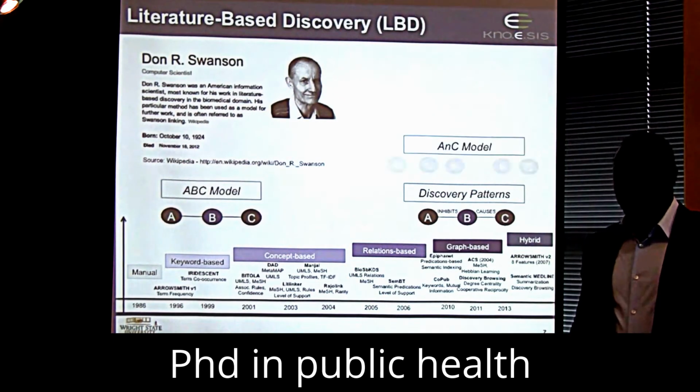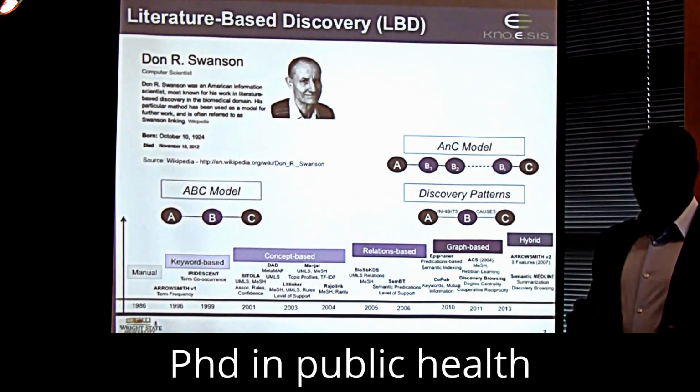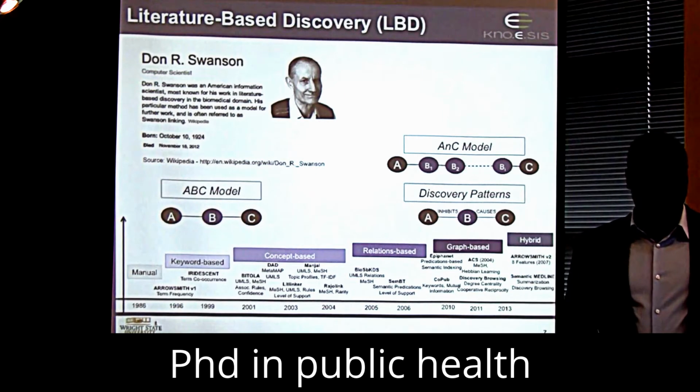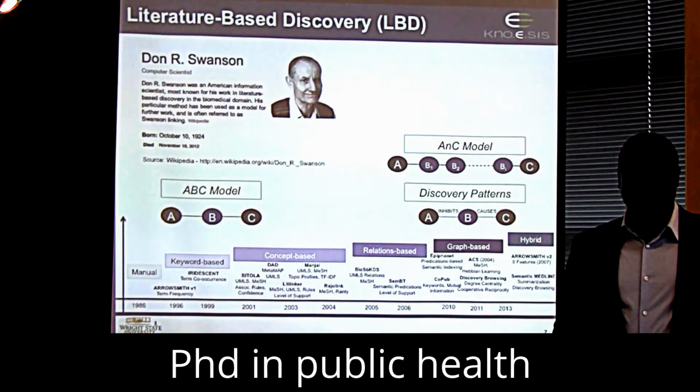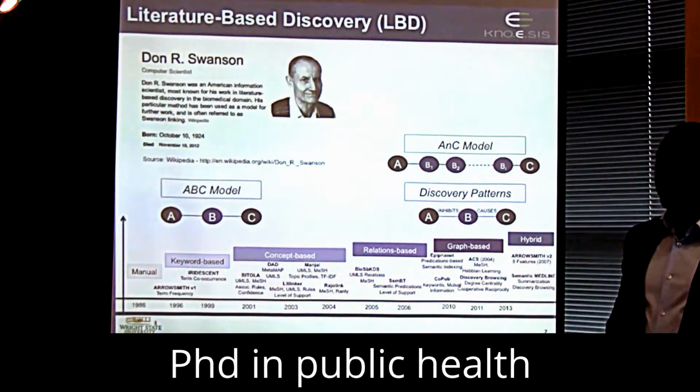The issue here is, of course, that there can be longer associations between A and C, which was noted by Bart Wilkowski in MHA in 2011. We had a paper last year in JBI that also illustrated the same thing for recovering Raynaud and fish oil.